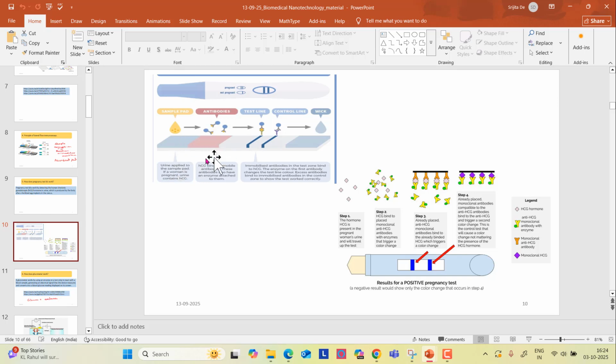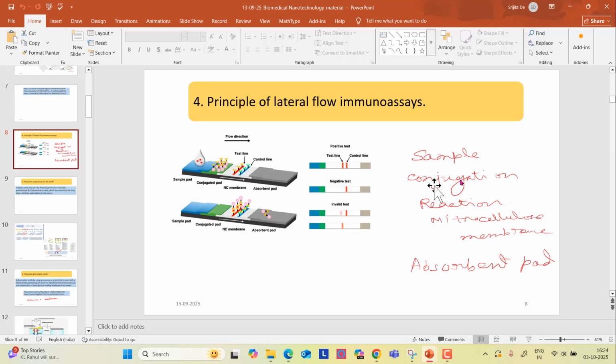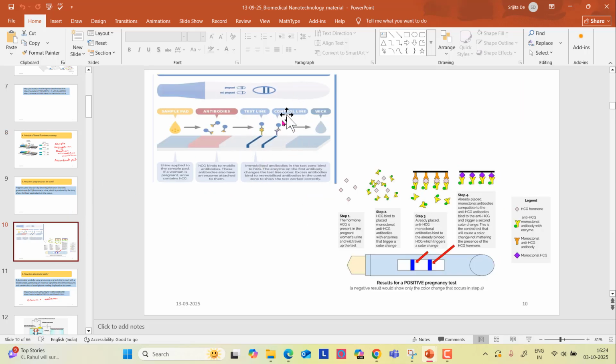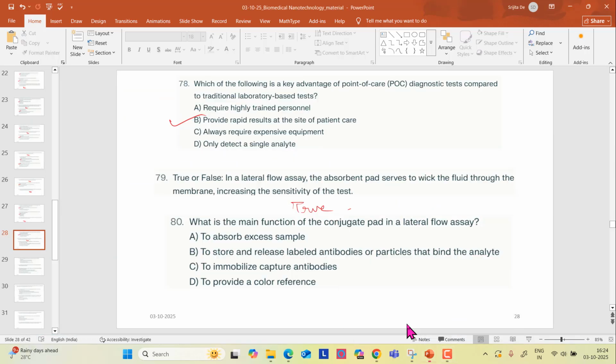The second one is the conjugation pad. Here the lines are antibodies that attach to this line. So the question is about the conjugation pad. It is to store and release labeled antibodies or particles that bind the analyte.